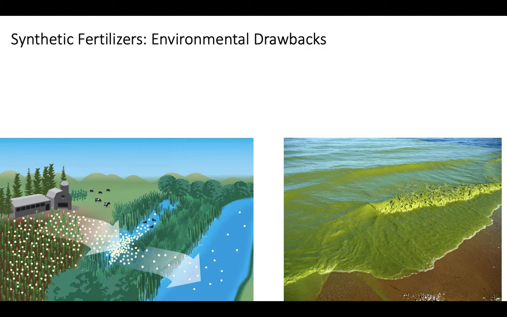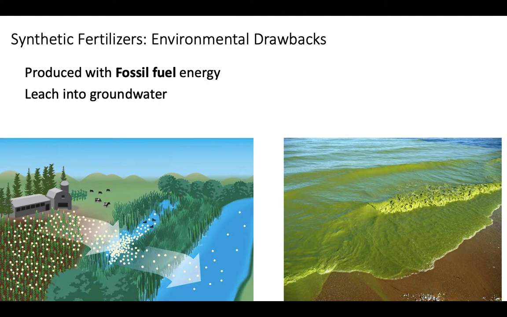Synthetic fertilizers, of course, will have some environmental drawbacks. Much like everything in this class, there are pros and cons. First of all, they're produced using fossil fuel energy, so that's increased dependence on fossil fuels and increased releasing of greenhouse gases like CO2, which contribute to climate change. These fertilizers can leach into groundwater that we drink, which is not good for humans to be ingesting fertilizer.